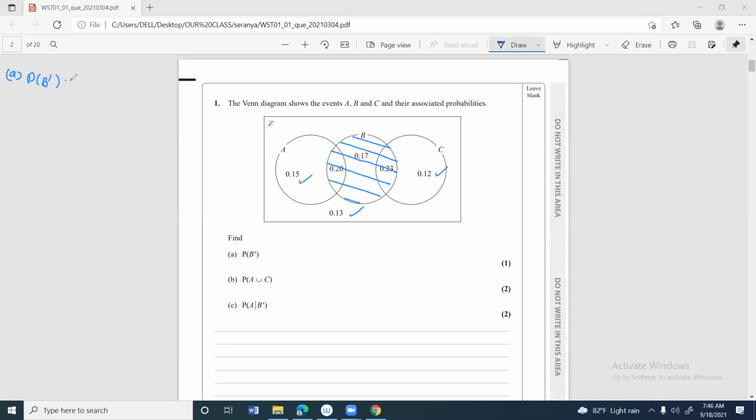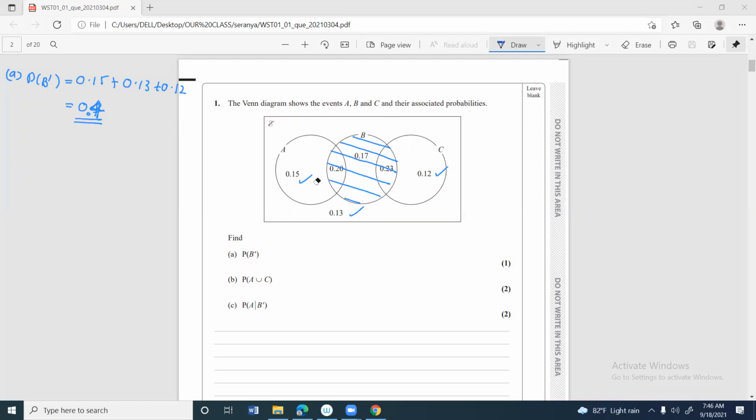So simply you can get the answer: 0.15 plus 0.13 plus 0.12. Sorry, the final answer would be 0.4.